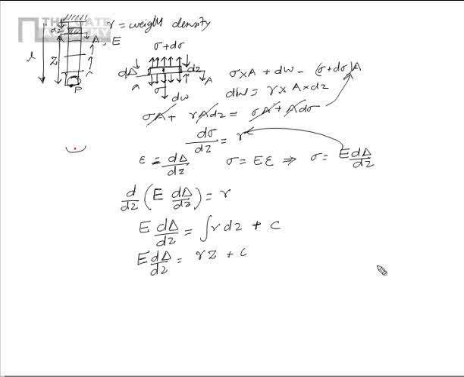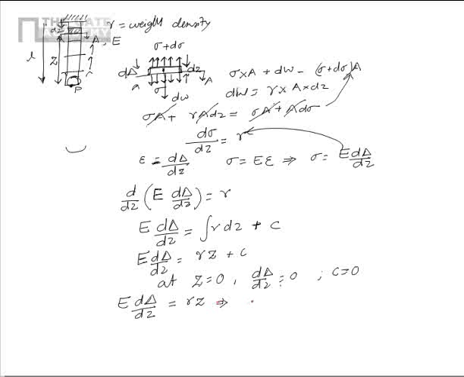There cannot be any stress, so there cannot be any strain either. So at z is equal to 0, d delta by dz is also equal to 0. If we feed in the values of z and d delta by dz in this equation, we get c is equal to 0. Now we write the equation again without the integration constant: E d delta by dz equal to gamma z.